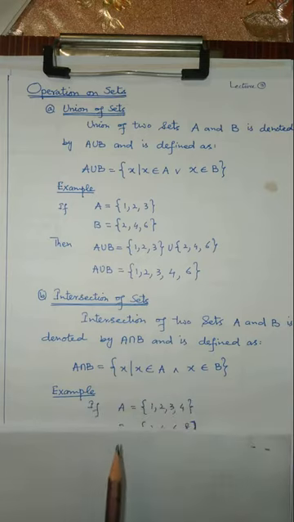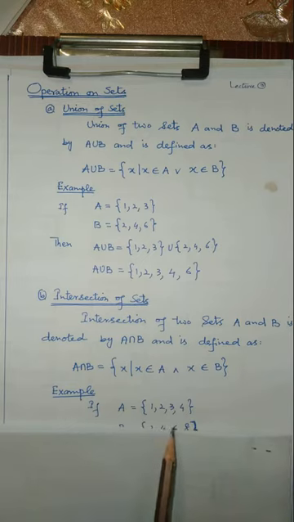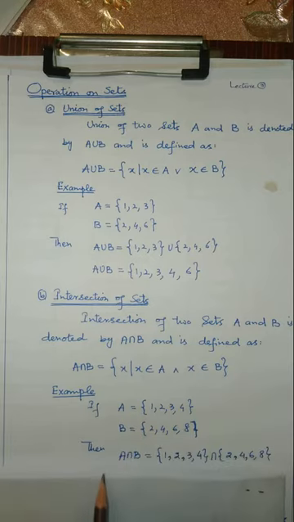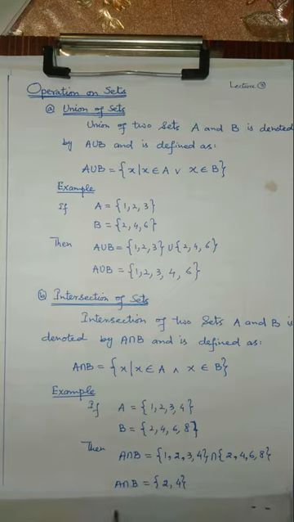For example, if we have a set A which has elements 1, 2, 3, 4 and a set B which has elements 2, 4, 6, 8. Now to find the intersection of these two sets, A intersection B is equal to, first we write set A, then intersection, then set B. Intersection means writing common elements. Now 2 and 4 are common elements in both sets. So A intersection B is equal to 2 and 4.